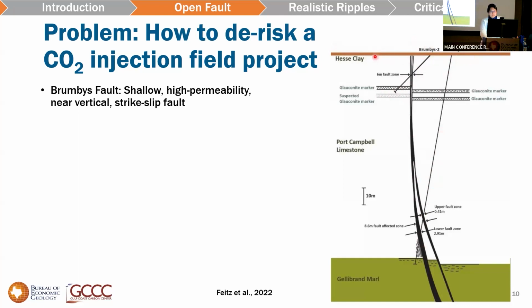And that's an advantage because it allows them to deploy monitoring devices on the surface to try to monitor the injected plume. And the injection plan is to drill a well here 60 meters below ground surface and inject to the left side of the fault.